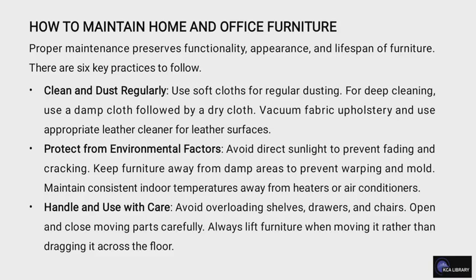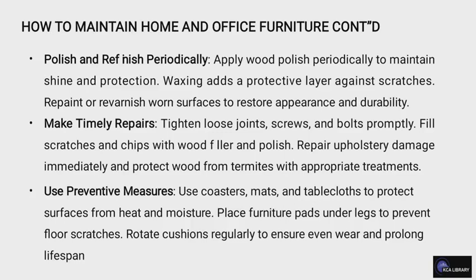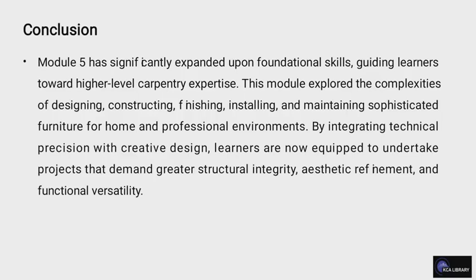And the next one is handle and use with care. The next is to polish and refine periodically. Also make timely repairs when necessary. Also use preventive measures like coasters, mats, and tablecloths to protect surfaces from heat and possibly moisture.